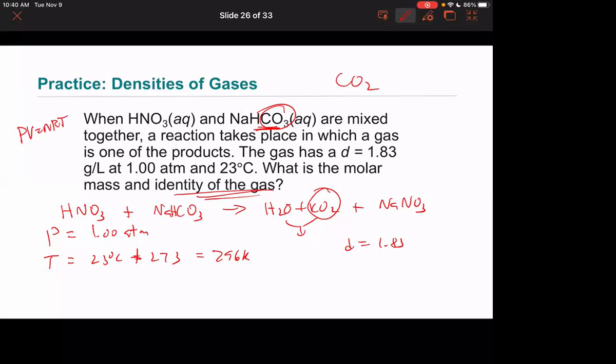So molar mass, we need to calculate the number of moles, right? But we don't have a volume either. So we can do N over V equals P over RT. I need someone to do that for me.